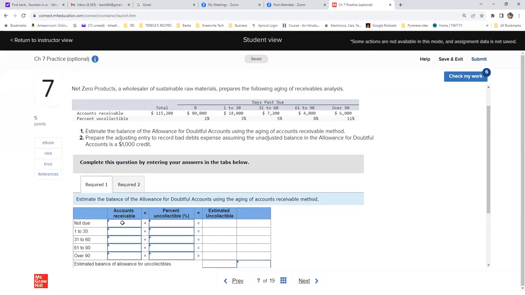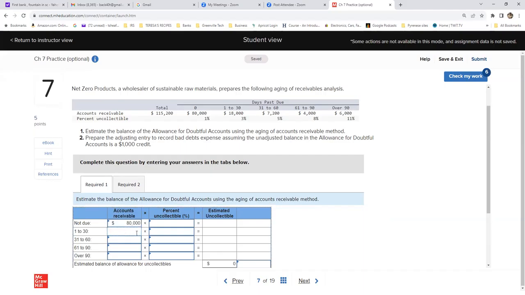We start off with the amount not due. The amount not due is going to be 80,000. We're just going to be carrying this stuff down into the table. So 80,000 first.